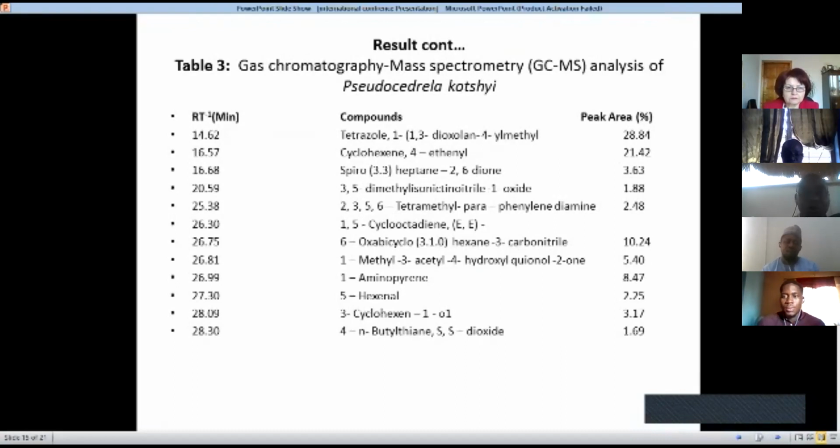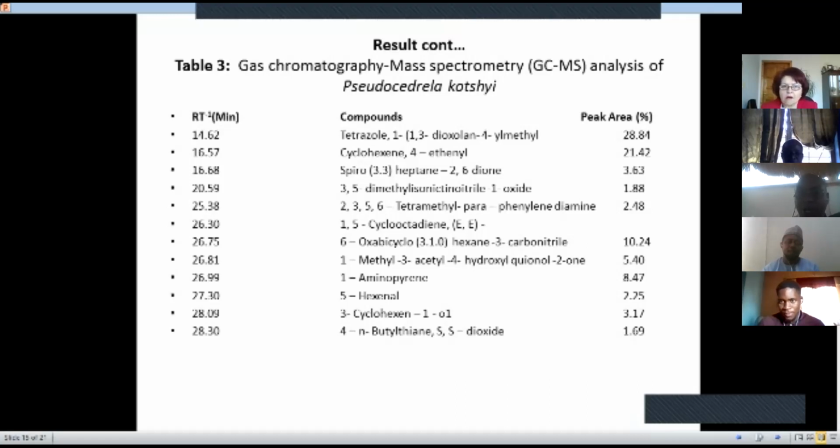It contains a very high percentage of tetrazole, which is about 28%, as well as cyclohexane, which is about 21%, with a very low butyl dioxide, which is about 1.6%.